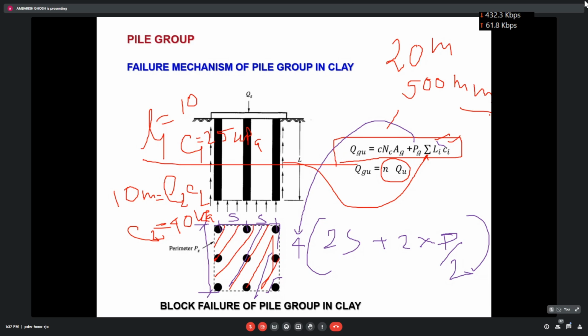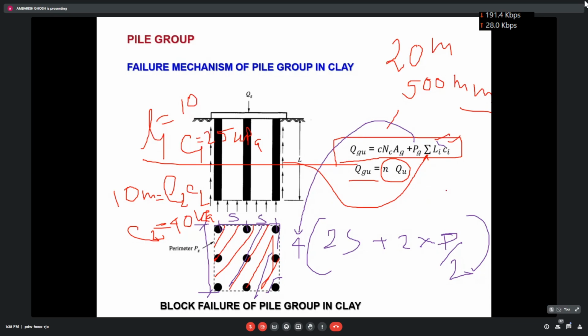And you calculate the individual pile capacity also, for 500 mm dia, 20 meter length, having the soil profile with top layer 25 kilopascal and bottom layer 40 kilopascal. For the individual pile, you calculate the capacity. From there, you will get the group efficiency, N equal to Qu. And then for the group, you calculate like this: Nc into Ag plus Pg into summation of Li into Ci. First, you calculate the perimeter and you do it.